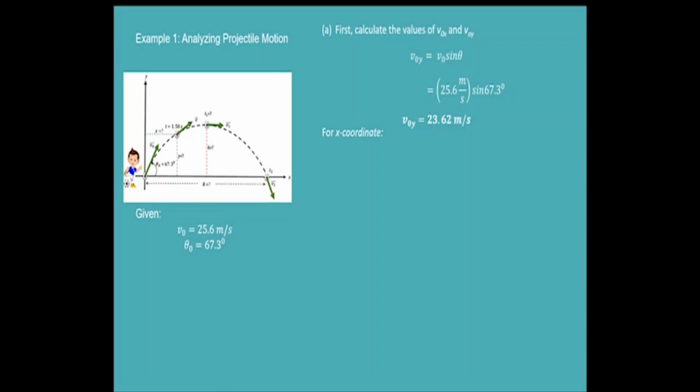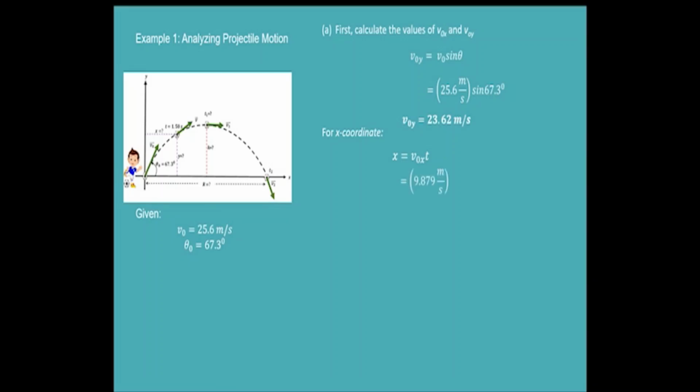Let's start with the x-coordinate. To find the position at the x-coordinate, we will use the equation x is equal to v sub 0x t, where v sub 0x is equal to v sub 0 cos theta. If you're going to input that in your calculator, v sub 0 is still 25.6 meters per second times cosine 67.3.